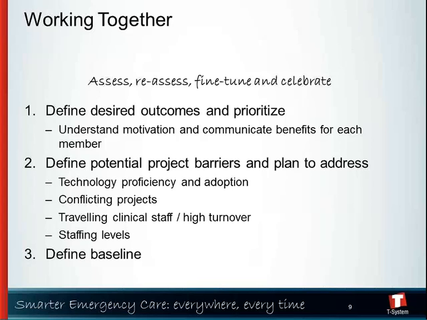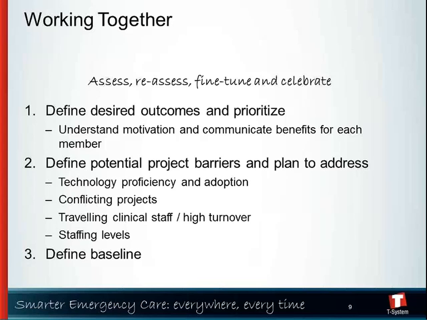You want to look at what other projects are on the horizon. We all have a number of projects that the hospital is trying to implement simultaneously, so you want to make sure that you have enough resources to cover all and that the timing is correct. What is your staffing mix? Do you have a lot of contingent or contract staff? How committed are they to making a new initiative work? When are they leaving?